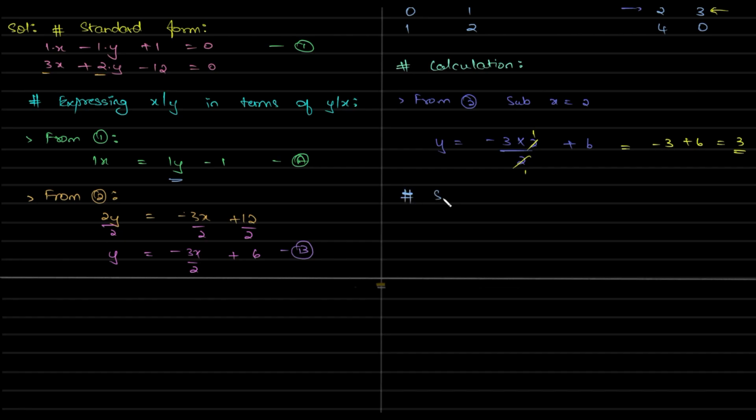The final answer: coordinates of vertex are minus 1, 0, 4, 0 and 2, 3. Okay, that's it.